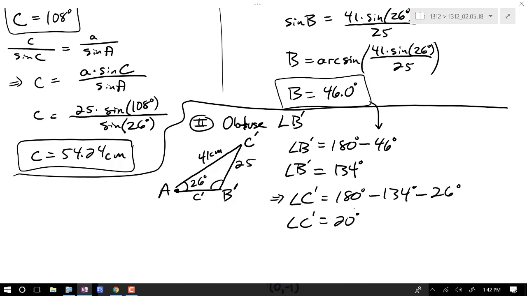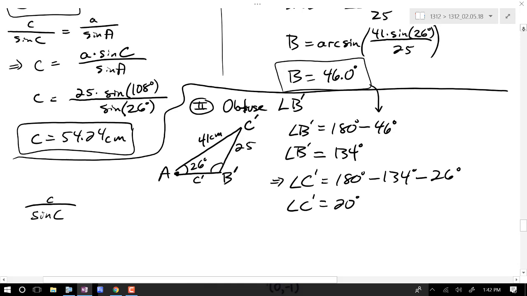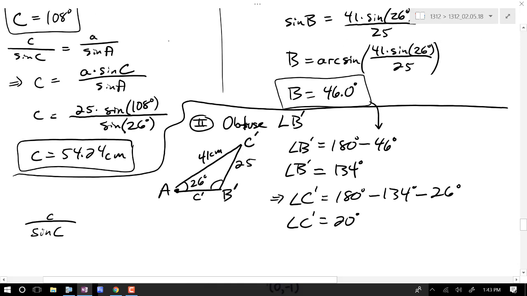So for the other triangle, we only need to use the law of sines once, and that is to find side C. Since we know the angle opposite side C, we can find side C using C divided by sine C. Basically, the same process. We're just doing the same thing we did up here when we found that side.